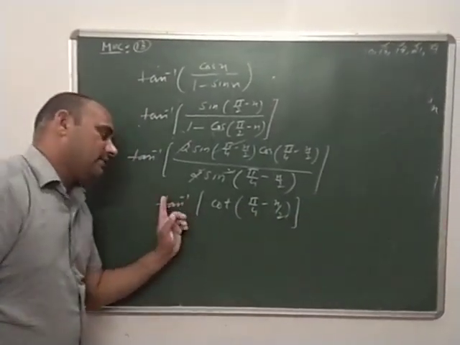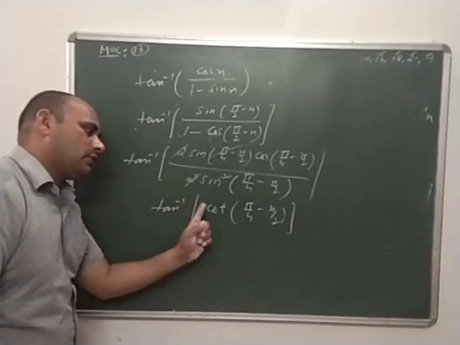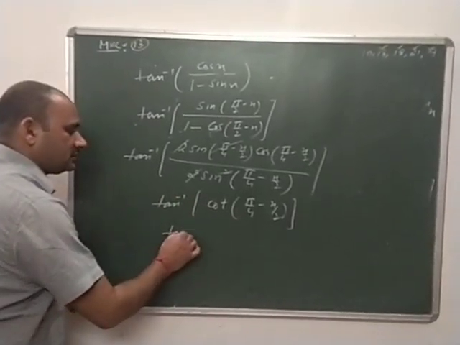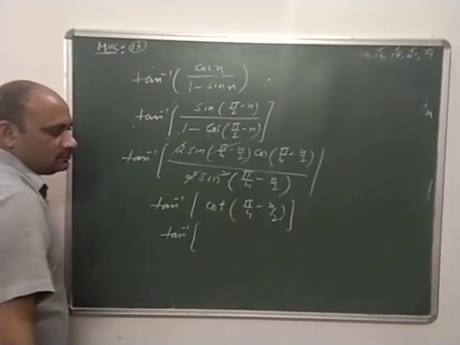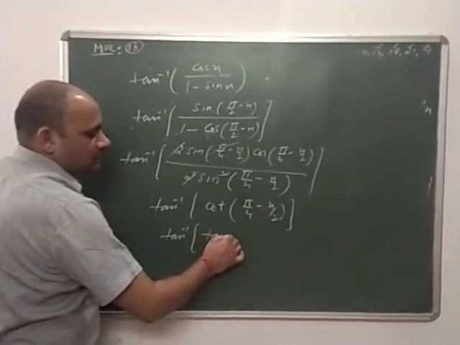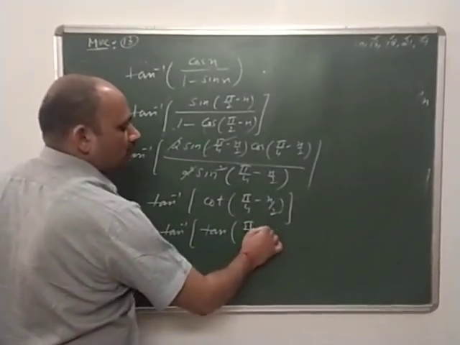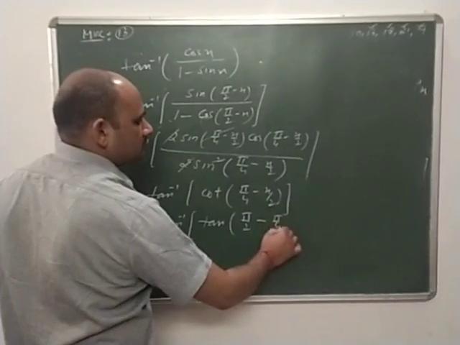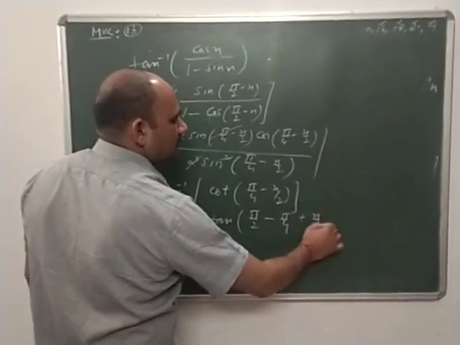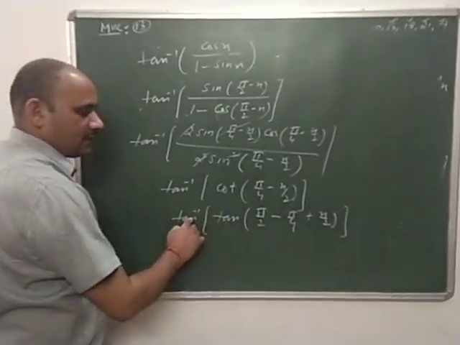Now we cannot cancel because here it is tan inverse and there it is cot. So cot theta can be written as tan of pi by 2 minus theta. Minus minus is plus. Now tan inverse cancels.